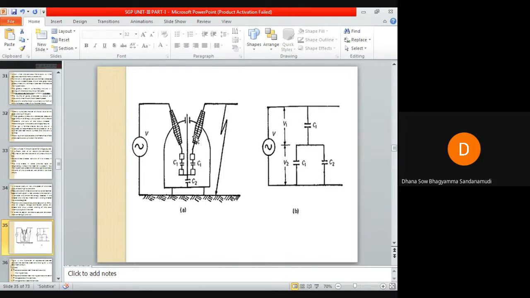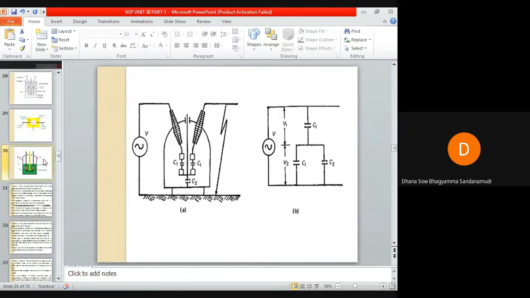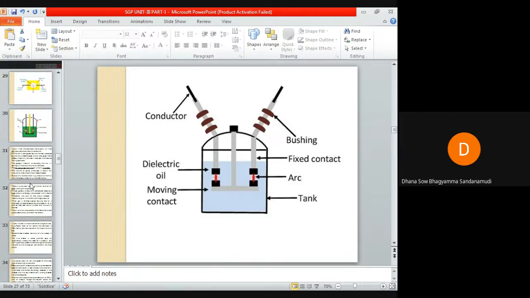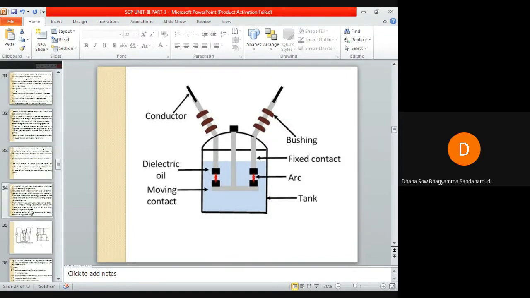This is our plain break oil circuit breaker, and this line is the conductor line, this is also the conductor line. I have shown here the bushings which are coming out from the circuit breaker tank.